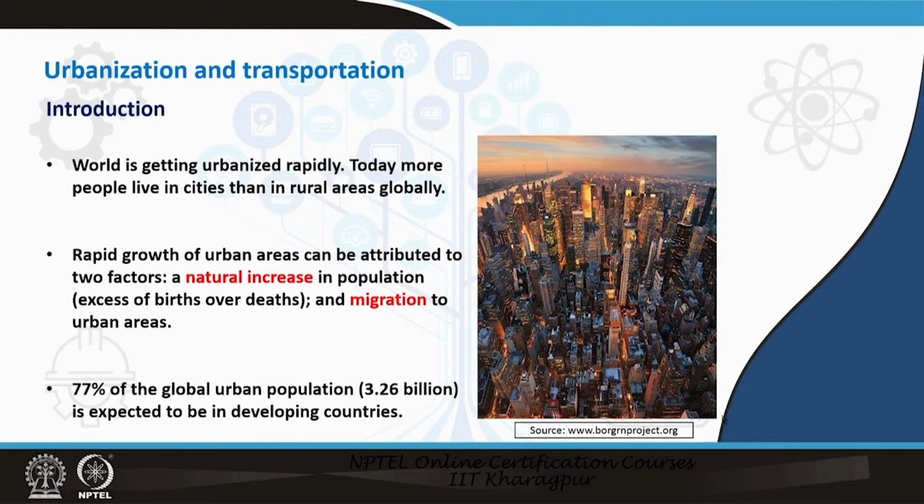The rise in population coupled with migration from rural to urban areas has led to a lot of people now living in the urban areas. Statistics show that 77% of the global urban population is expected to be in the developing countries. India being one of the developing nations, it is in such nations that you see a higher percentage of people living in urban areas.